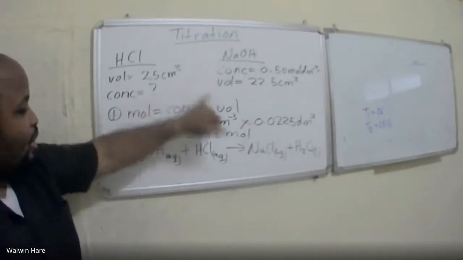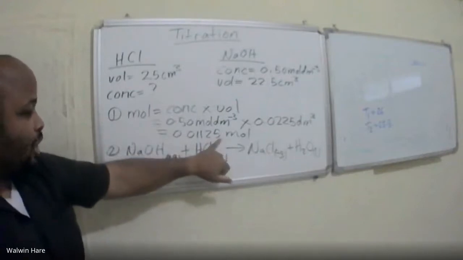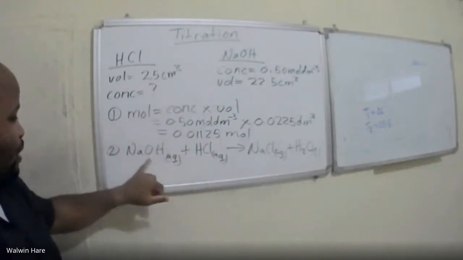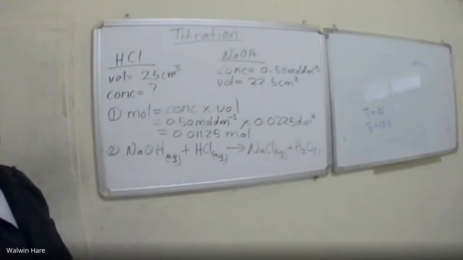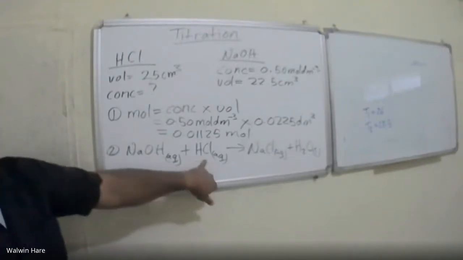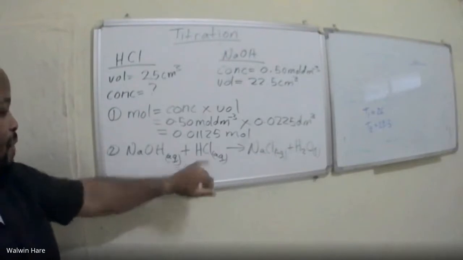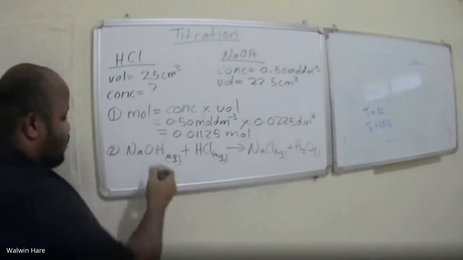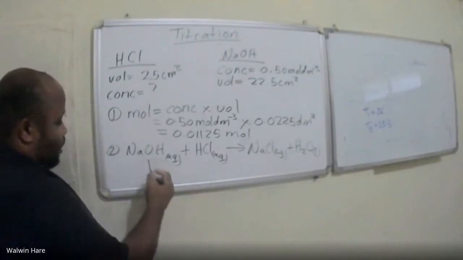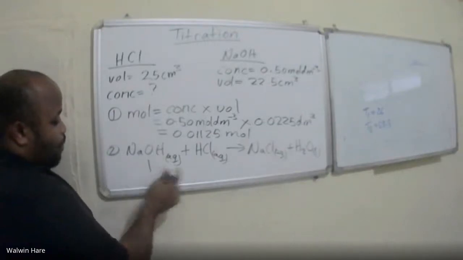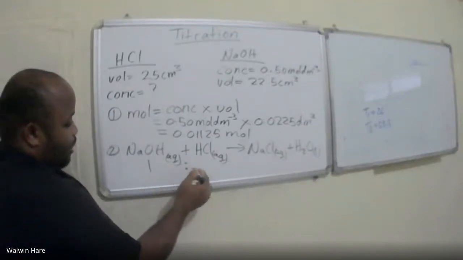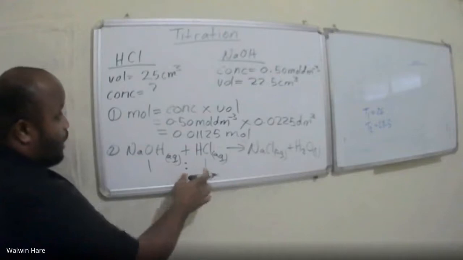So when we calculate the moles of sodium hydroxide, we can use the mole ratio between sodium hydroxide and HCl to get the mole of HCl. So we know that based on this equation, 1 mole of sodium hydroxide reacts with 1 mole of HCl.